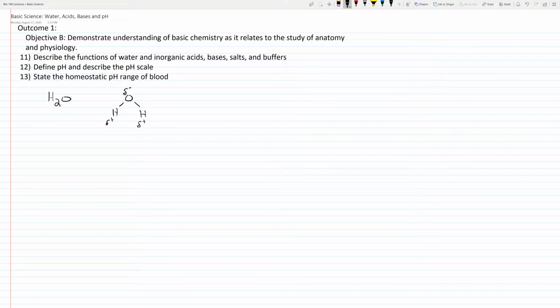Among those things, water is the solvent in which most chemical reactions of the body take place.